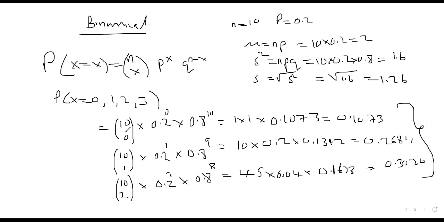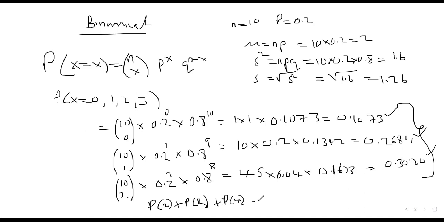If they ask you exactly 0, that's a figure. Exactly 1, that's a figure. Exactly 2, that's a figure. If they say at most 2, it means 2 and below, so you add 2, 0, and 1. At least 2 means 2 and above, so 2, 3, 4, 5, 6, upwards.